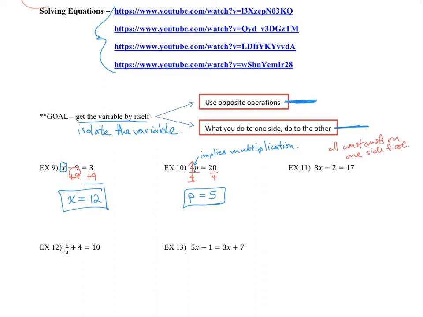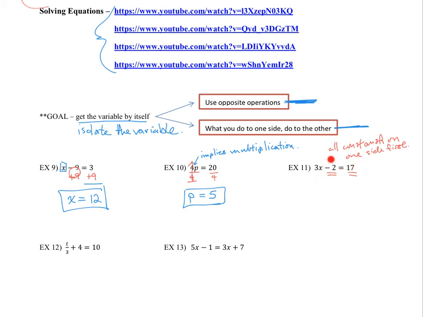So what that means, a constant means there are no variables attached to that number. So I'm looking here at 2 and 17. I need to have 2 and 17 be on the same side of the equation. And in fact, they need to be on the opposite side of the equation from the variable. So I already see 17 is on the opposite side of the equation from the variable.